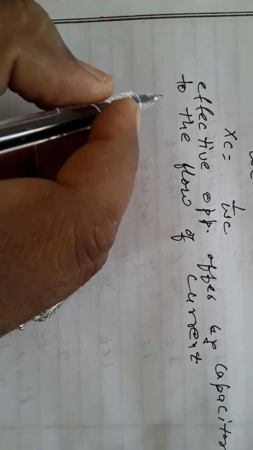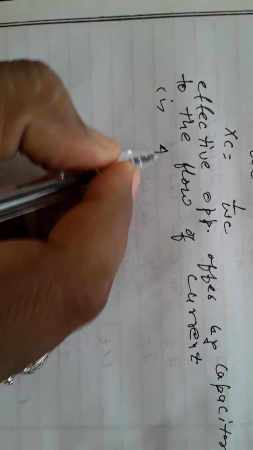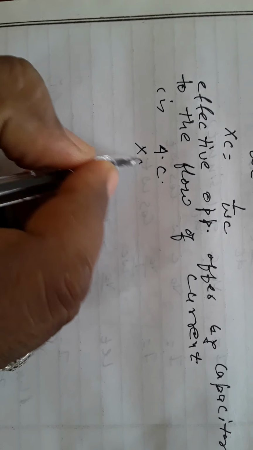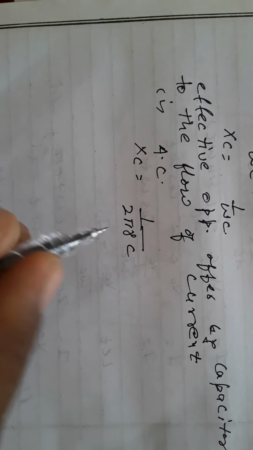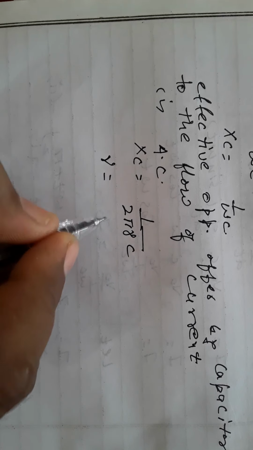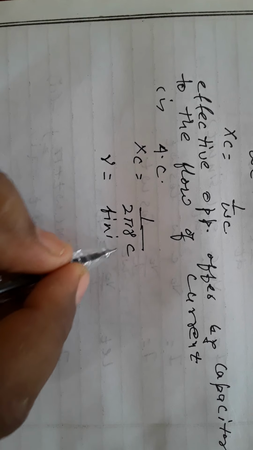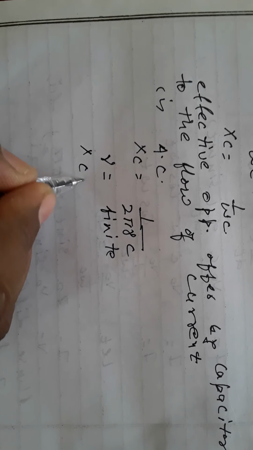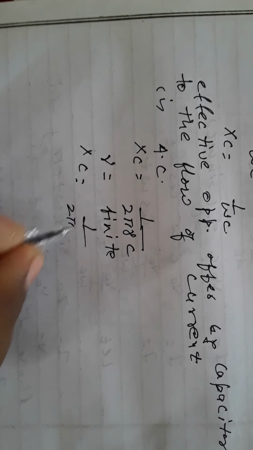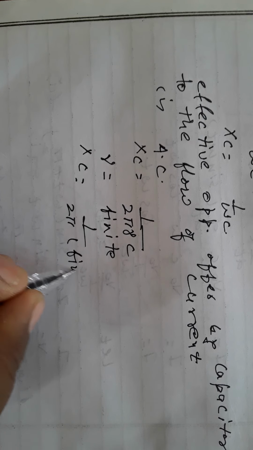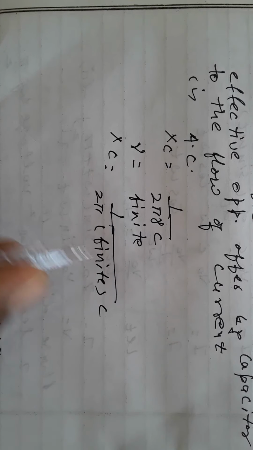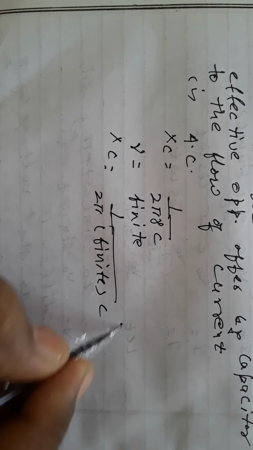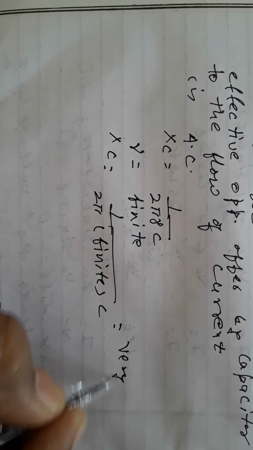We have two types of current. First, for AC, we can write XC is 1 by omega C. Omega is 2 pi nu. For AC, frequency is finite, in India it is 50. XC is equal to 1 by 2 pi times a finite value into C. It will be a very small value.